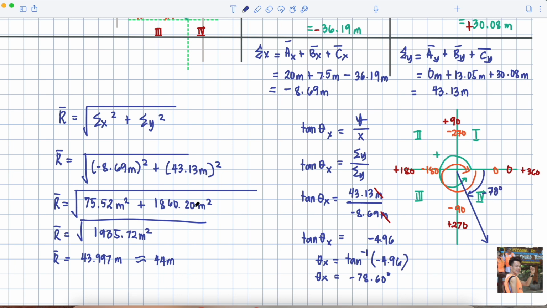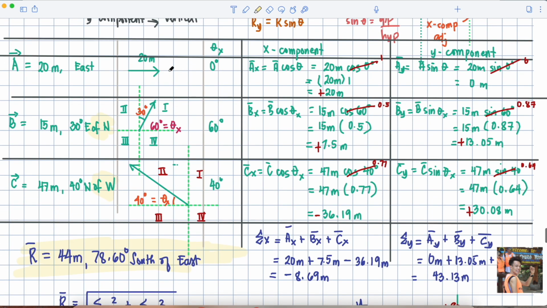The resultant now could be written as R is equal to 44 meters, 78.60 degrees. We started east going south, so that is 78.60 degrees south of east.